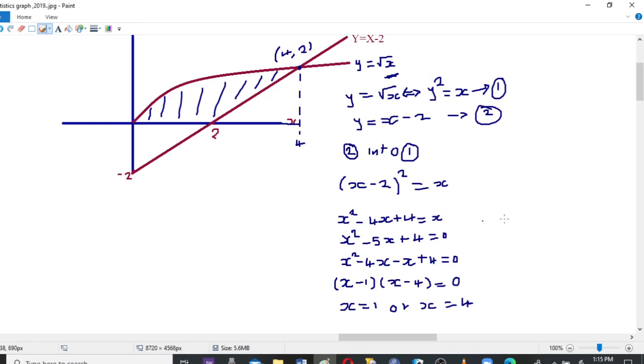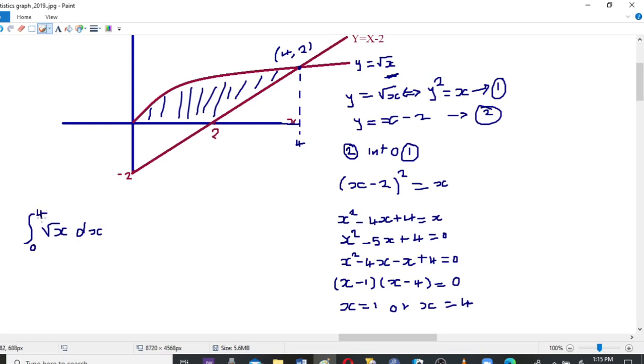So using single integration as the first method, we are going to solve for the area, this shaded area, you are able to see it. Now what we are going to do is integrate the graph, which is the square root of x, with respect to x, from 0 to 4.